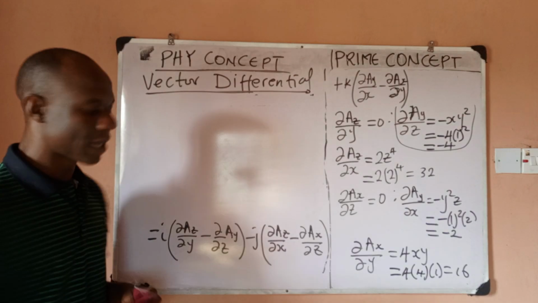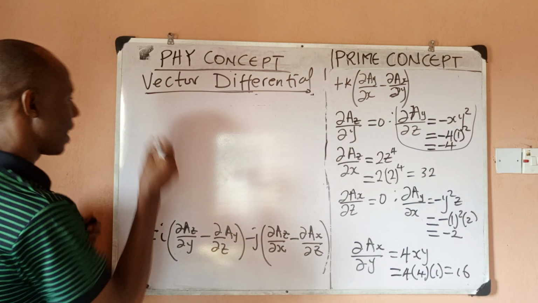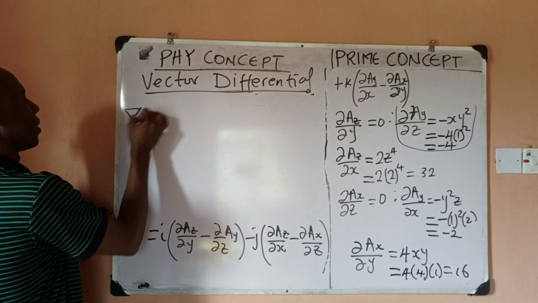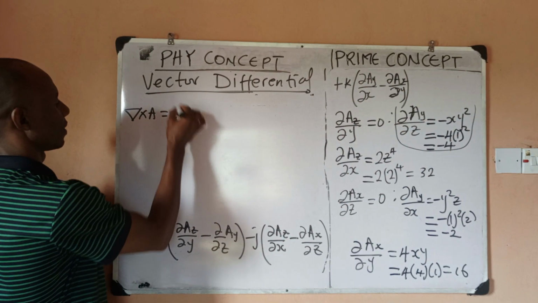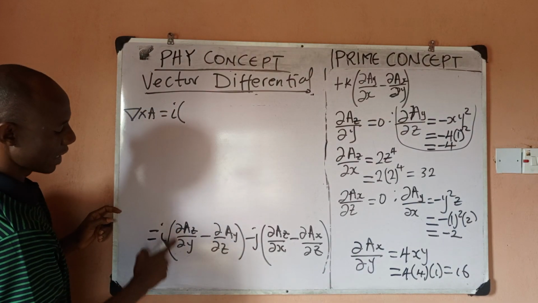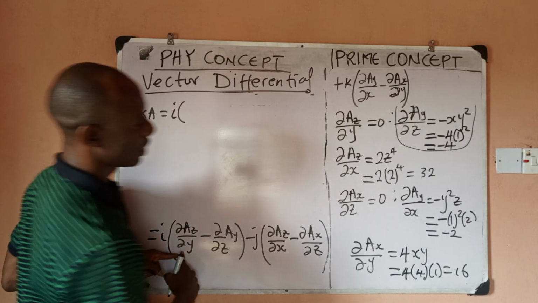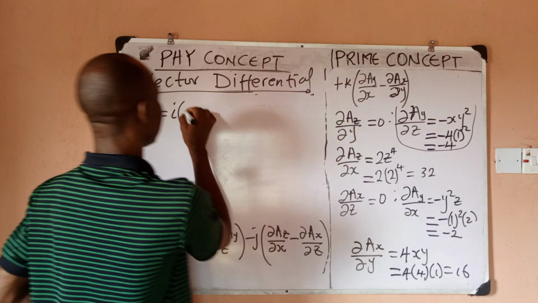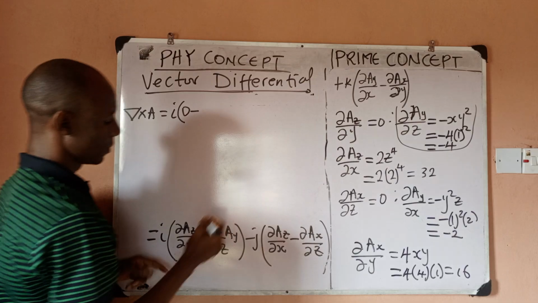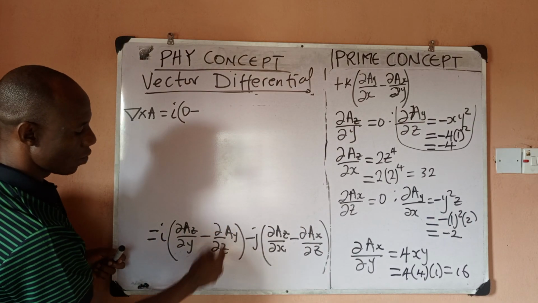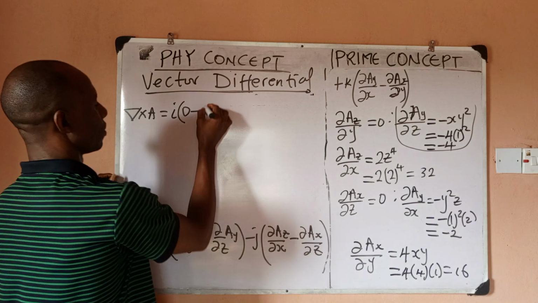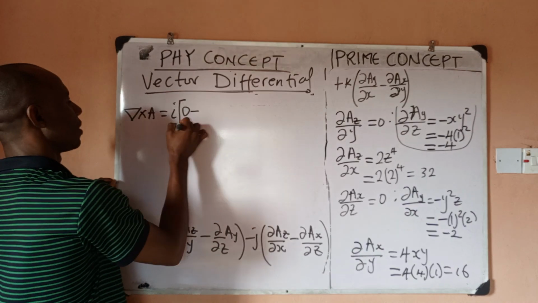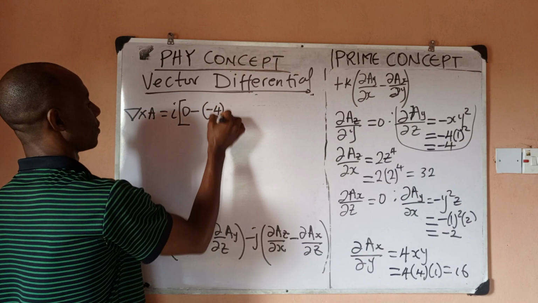So to get my final answer, the curl of A, which is what we've gotten, is i into this part, the ∂Az/∂y. Where is it? The ∂Az/∂y is 0. 0 minus, I have the ∂Ay/∂z. The ∂Ay/∂z, I got it as minus 4, which is minus 4, right?